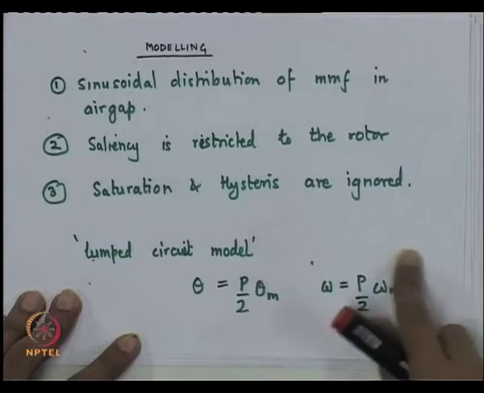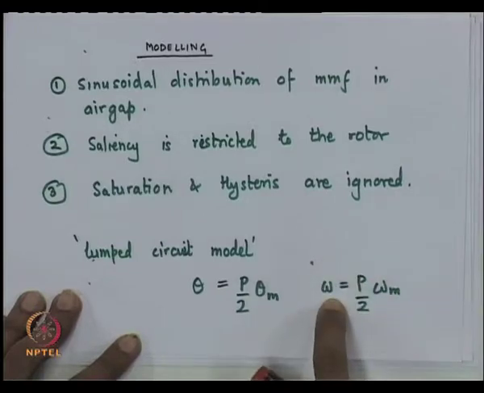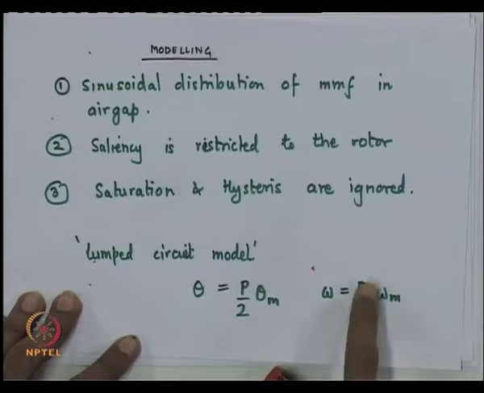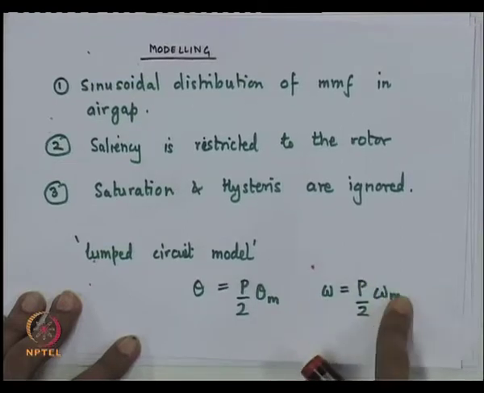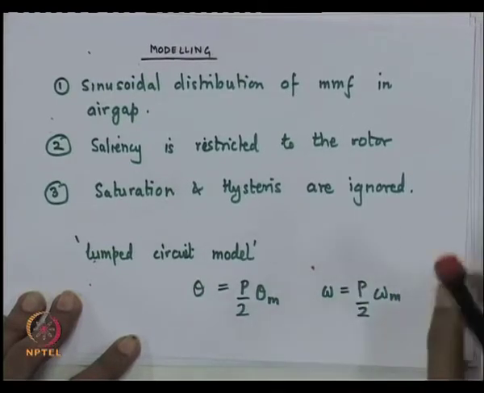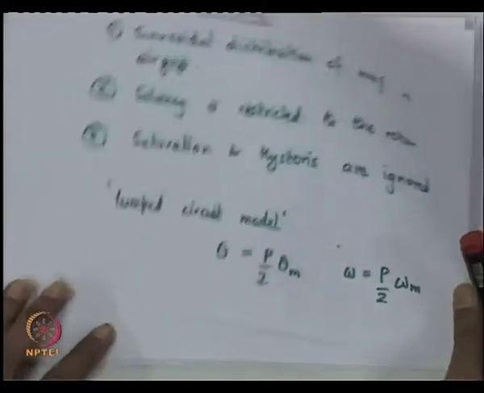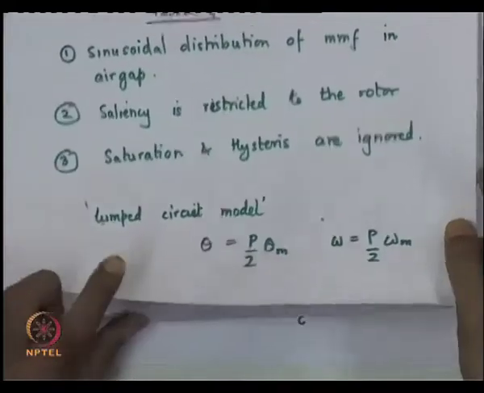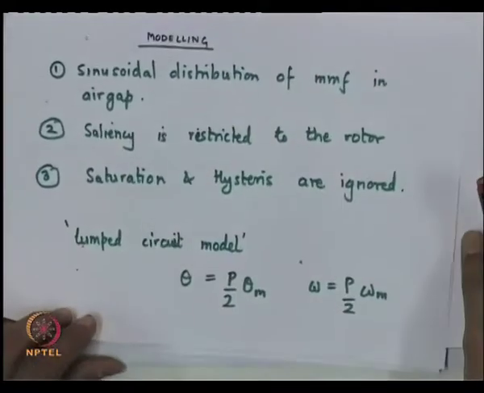The electrical speed, or the frequency of EMF generated on the armature windings, is equal to P by 2 times omega m, where omega m is the mechanical frequency and P is the number of poles. So, just remember this before we go on to the actual analysis.